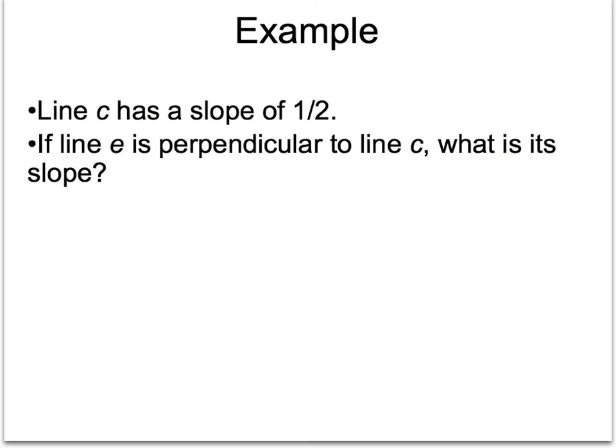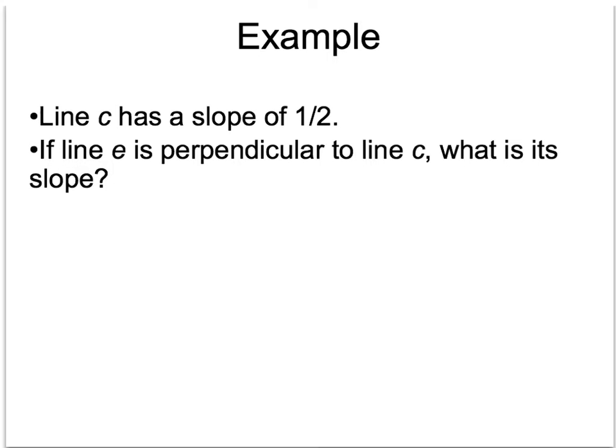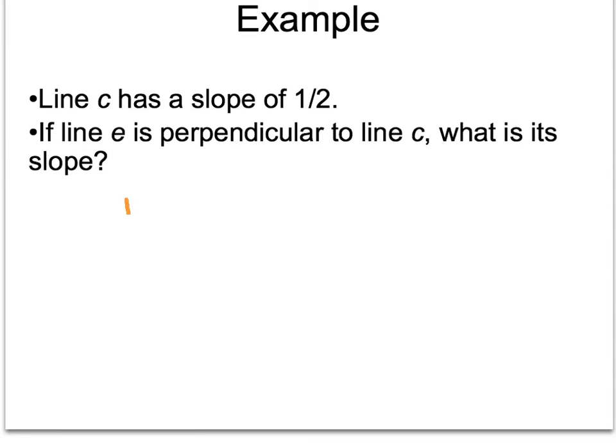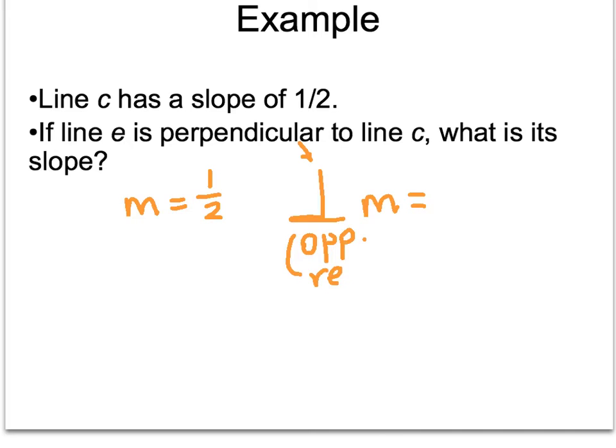So in order to find the slope of a line perpendicular to one that has a slope of 1/2, the perpendicular slope, that's what this little symbol means, would be the opposite reciprocal.